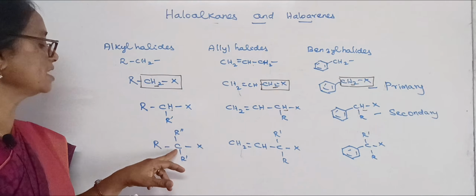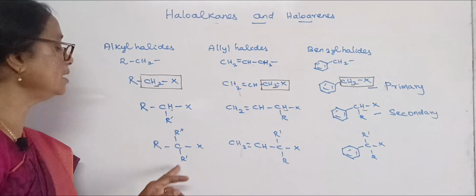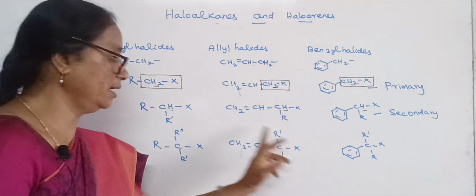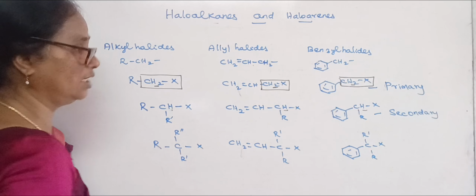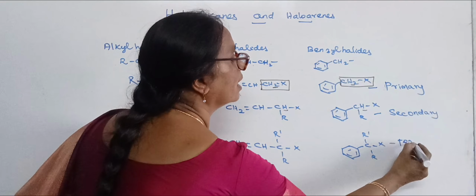You may find the functional carbon has different or similar alkyl groups, and here too and that too. So such classes of compounds are said to be tertiary alkyl halides.